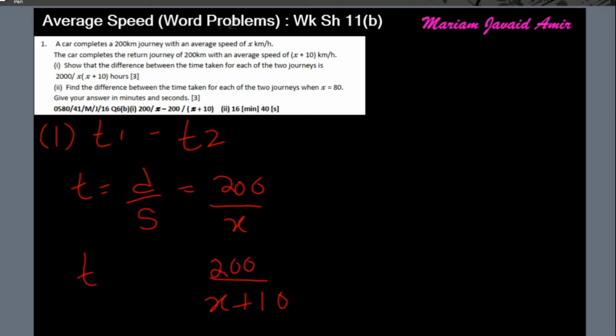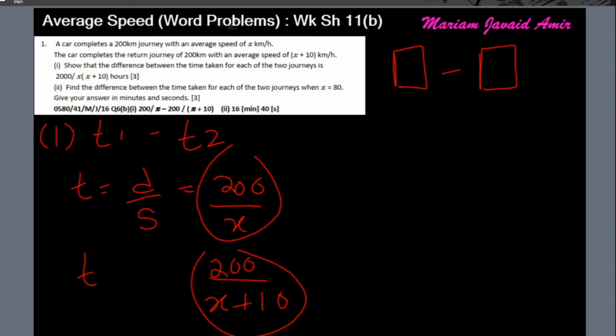Now we have to simplify it after subtracting the two times. So my question is, which time is the bigger time? We subtract the smaller time from the bigger time. So which of these two fractions do we write first?